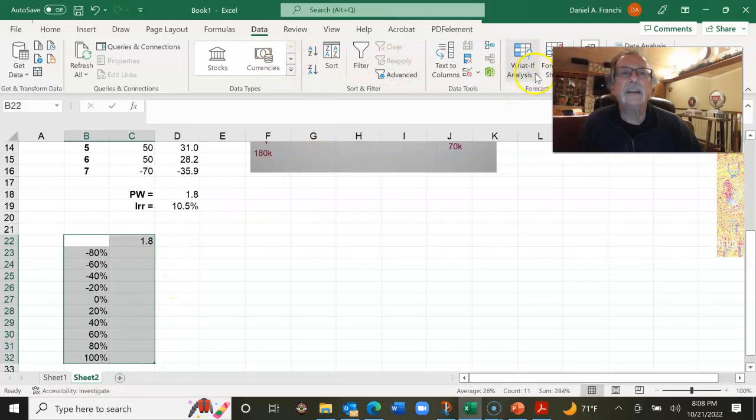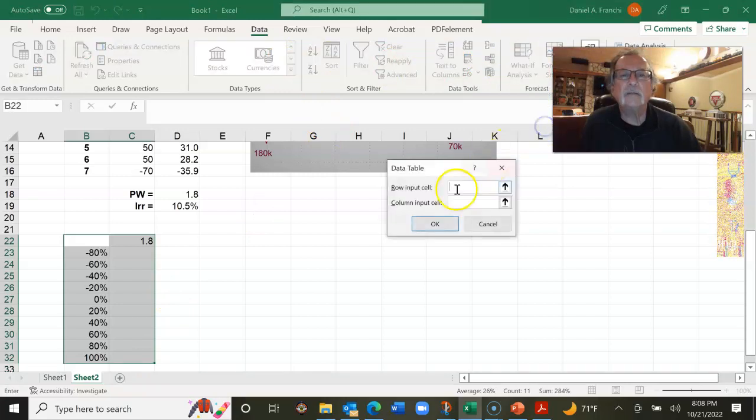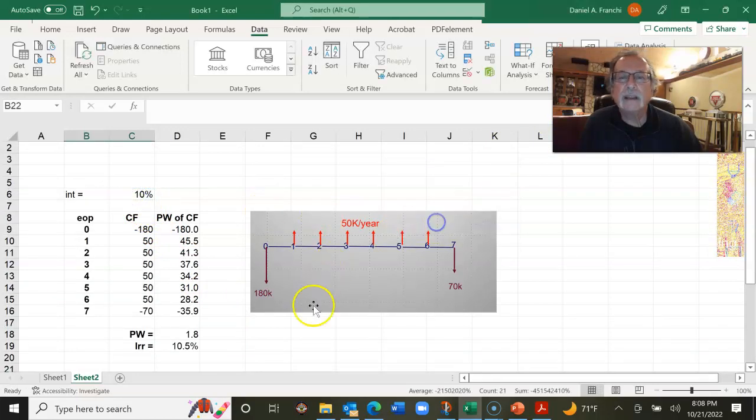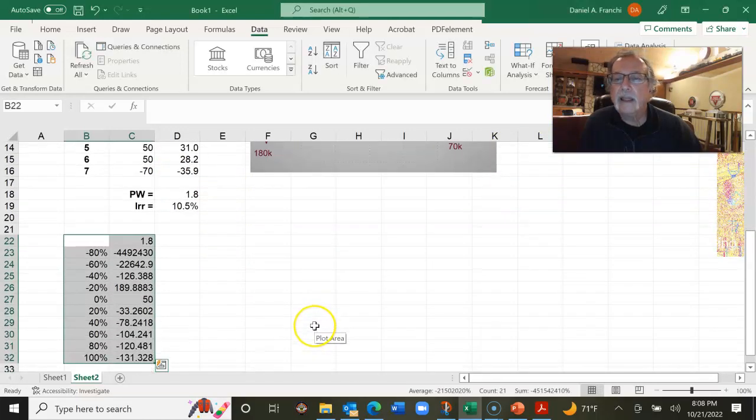So we go into data, what if analysis, data table. It's a single variable data table, so we're just going to change the interest rate. And this is what we have.